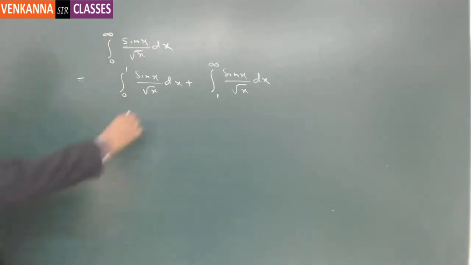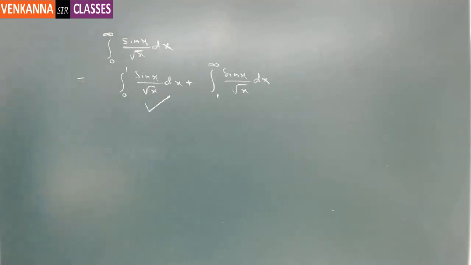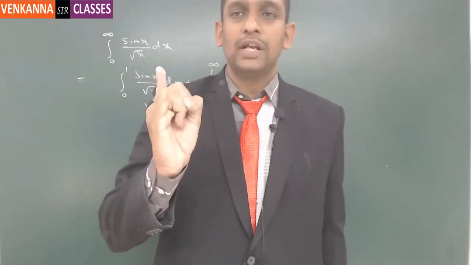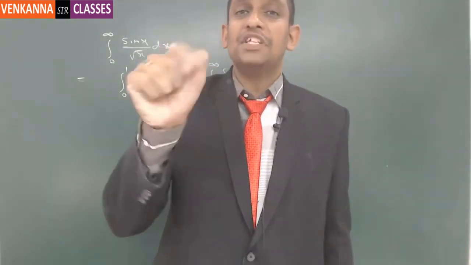So this part is done. Now for this, we have two functions presented there. One function sin x, another one is 1 by root x. So if you want to make use of Dirichlet test, what should be taken as f and what should be taken as g? The criteria for g is it must be monotone, it must be bounded, the limit must tend to 0.